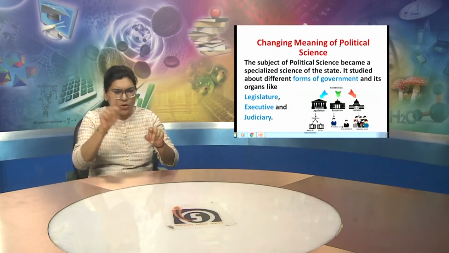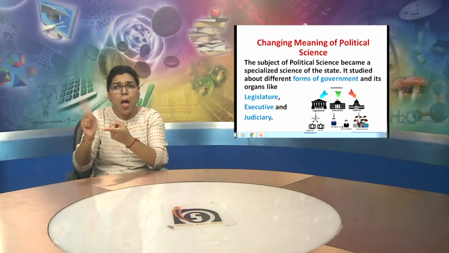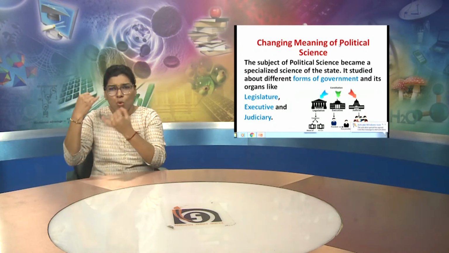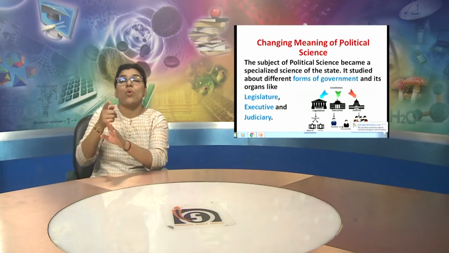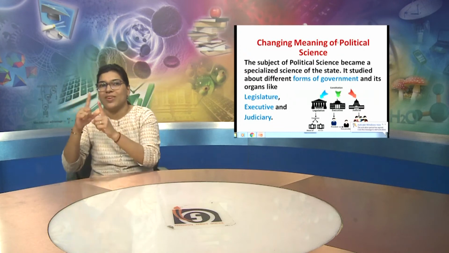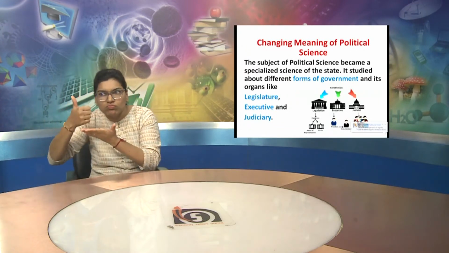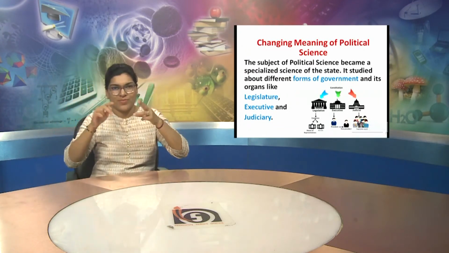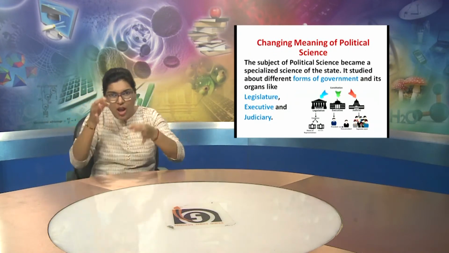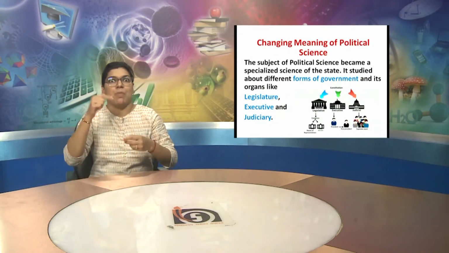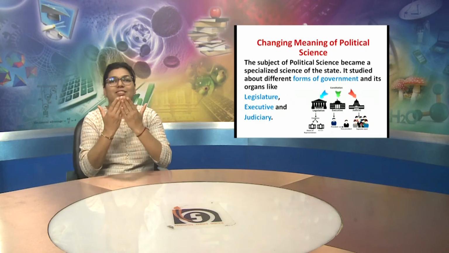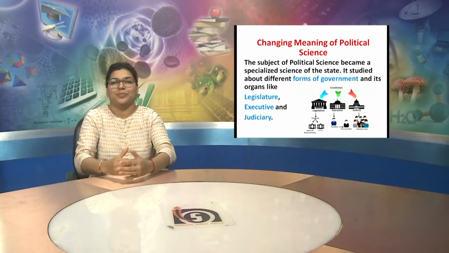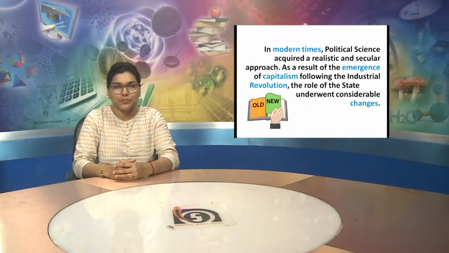In judiciary, there is Supreme Court, District Court, State Court, etc. And in the executive part, there is PM, CM, etc. These are the three important organs or forms of any government.